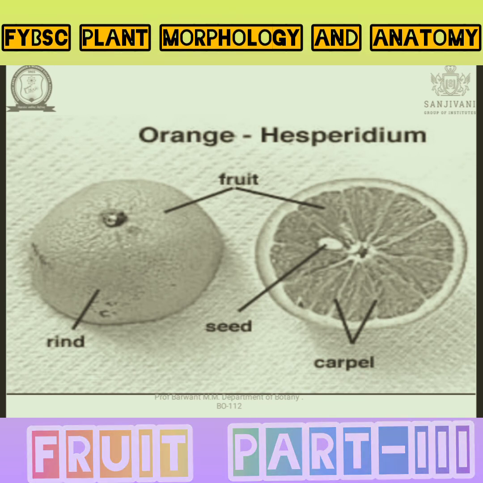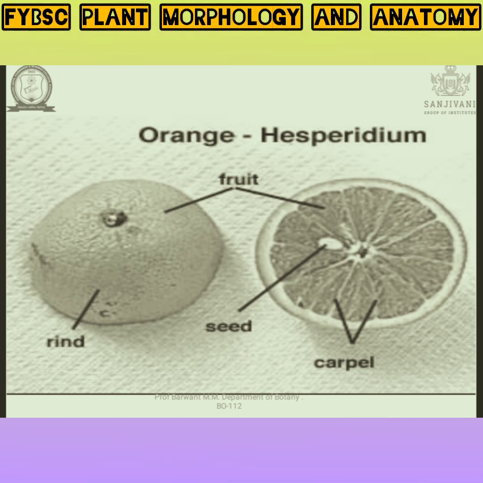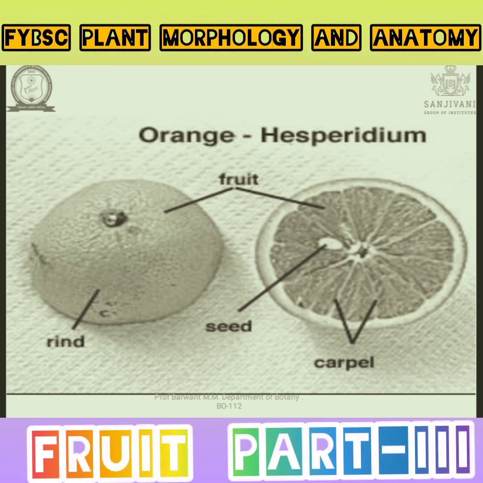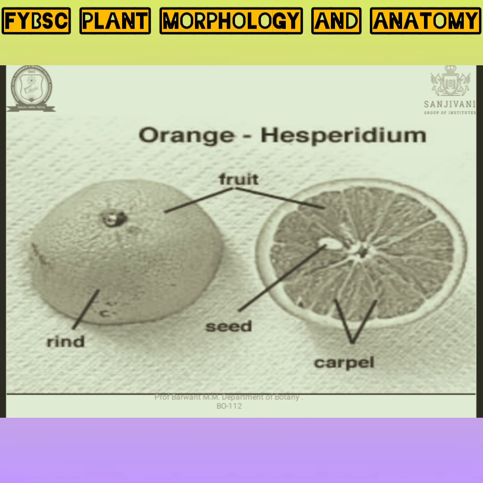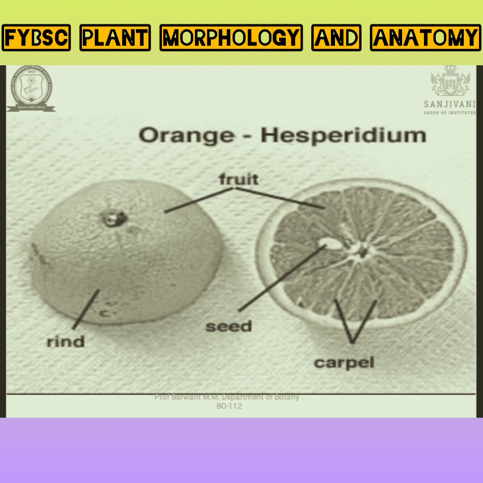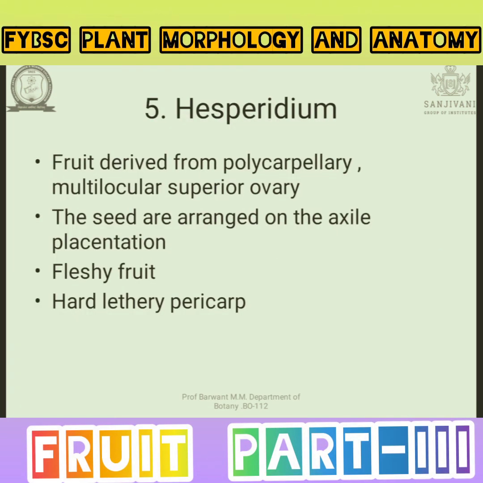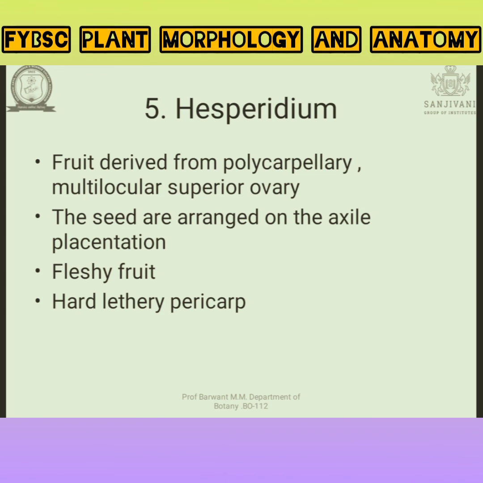It can be seen in an orange. First, it has a polycarpellary multilocular ovary, and the seeds are arranged in axile placentation.